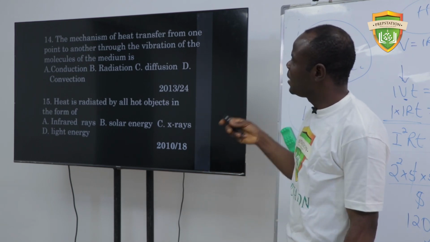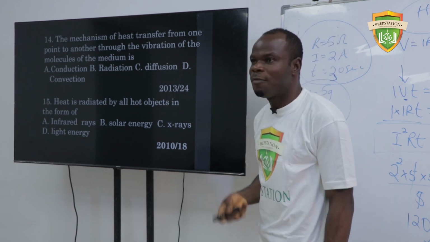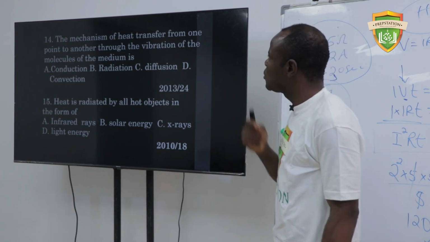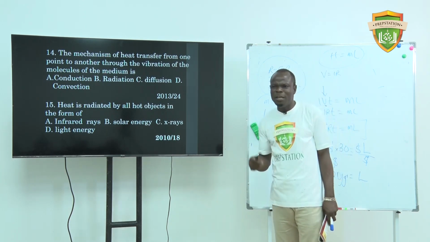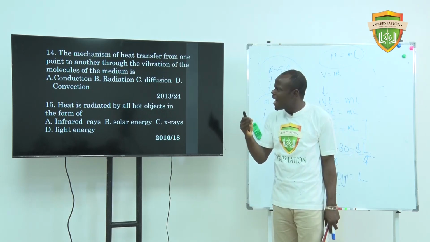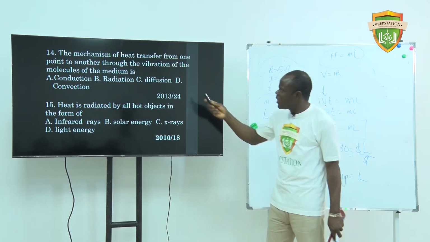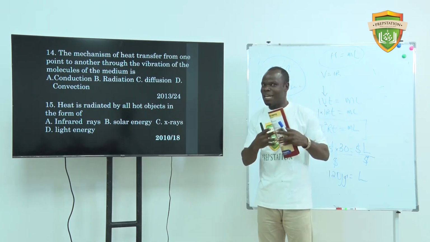Question 14. It says, the mechanism of heat transfer from one point to another through the vibration of the molecules of the medium is what? We have options: conduction, radiation, diffusion, and convection. Because of the concept of vibration, that tells you the object must be in contact.